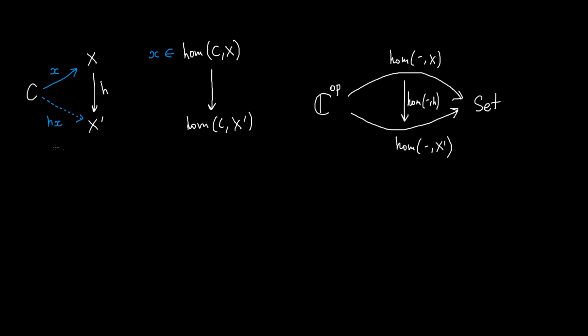And notice that this time composition is taking place on the other side, right? Before we were attaching F on the right side to x, but now we're attaching H on the left side to x. So x will map to Hx.